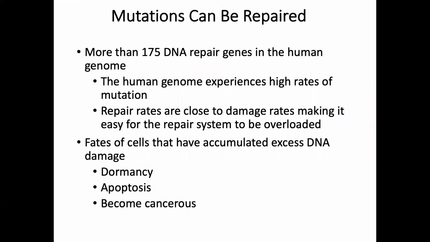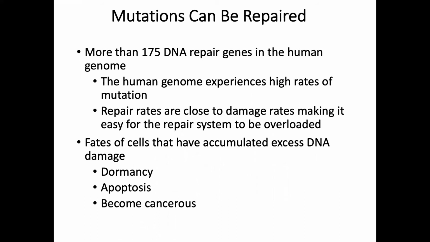Okay, so after we learned so many DNA mutations, you may ask, can DNA mutations be repaired by our own body? If they are not repaired, what will happen? Okay, so the answer is actually yes. Our body is smart enough to correct many mistakes without you even realizing it. We have more than 175 DNA repair genes in our genome.